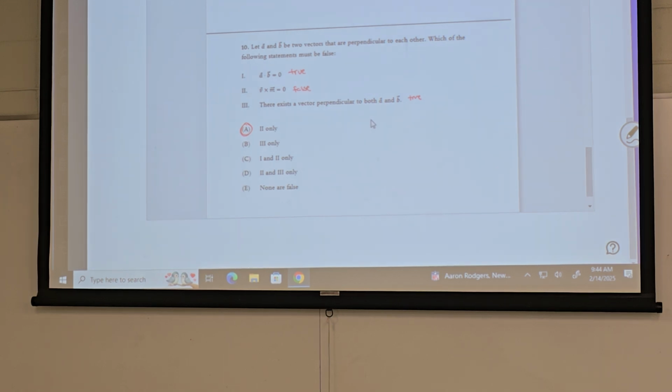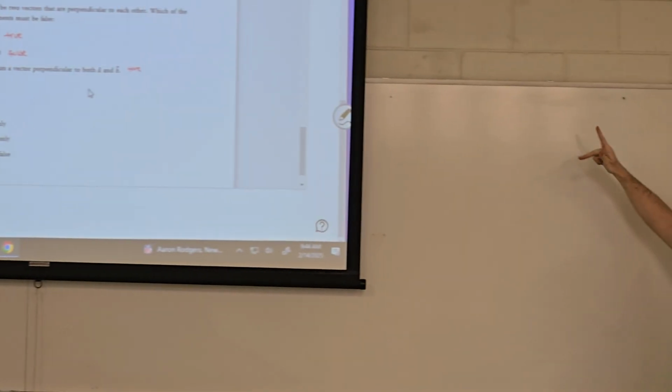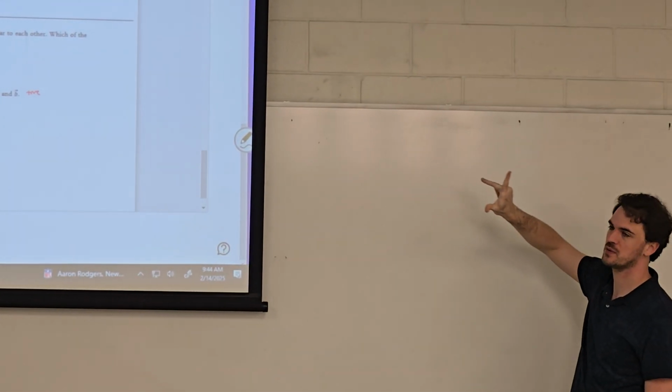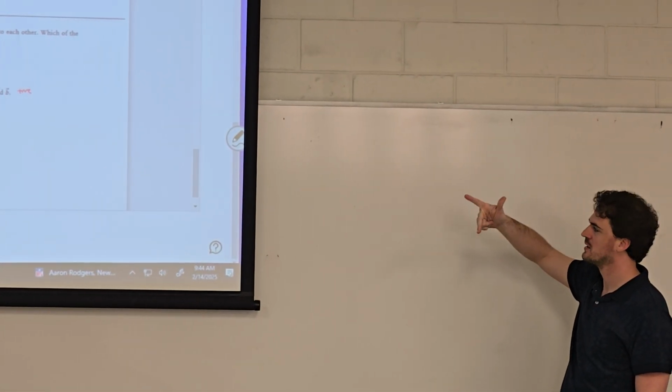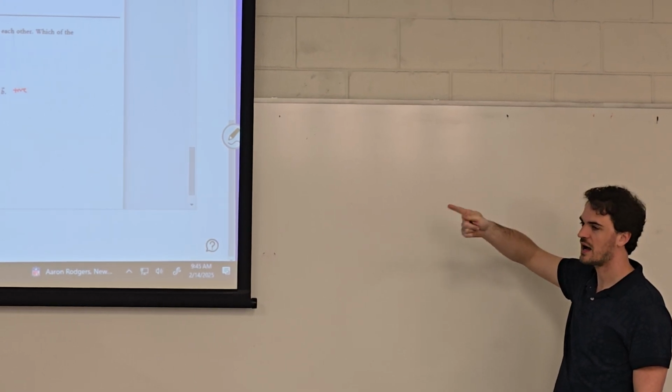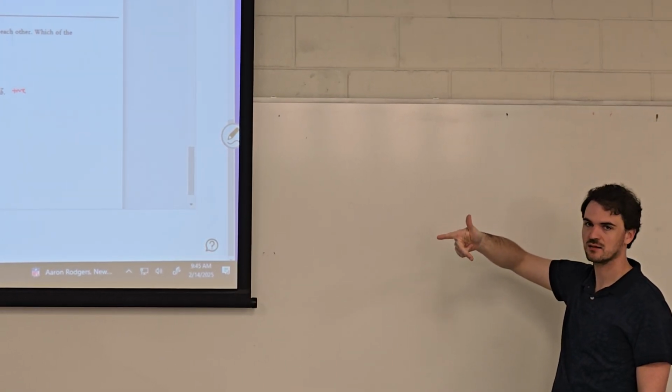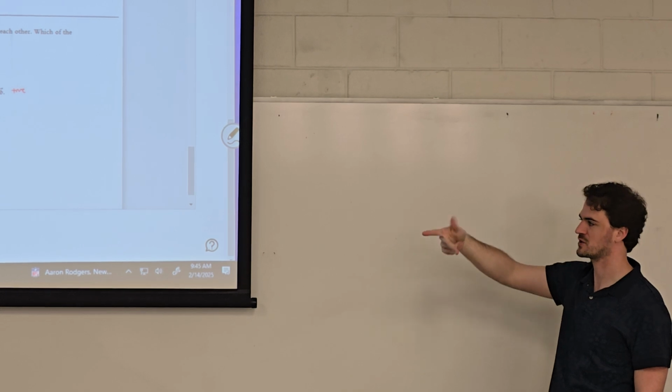That is true. If I give you 2 vectors, you want to do your right-hand rule, and you just make your 2 vectors perpendicular, there does exist a third vector perpendicular to both of them. And the best example is i hat, j hat, k hat. Those are 3 vectors that are all perpendicular.